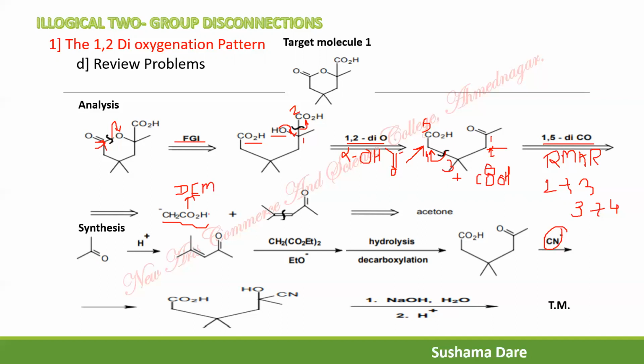Now, as it is a Michael addition reaction, this is the Michael donor, and the Michael acceptor is always an alpha beta unsaturated carbonyl compound. So positive charge is generated on number 3 carbon, and number 3 carbon is the beta carbon. Therefore, the best synthetic equivalent is to write down the double bond at this position, so it is an alpha beta unsaturated carbonyl compound.